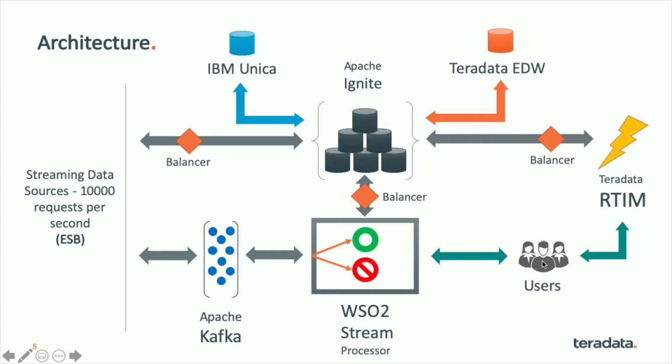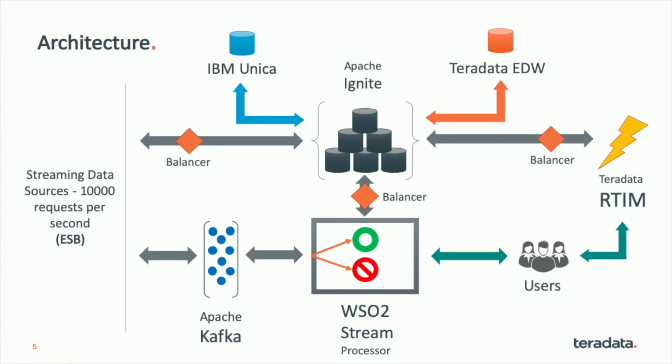And our business users also work with the WSO2 stream processor and the Teradata team. Over there, guys can change business rules, make some decisions, and deploy new types of rules for offer selection and for filtering incoming streaming data.